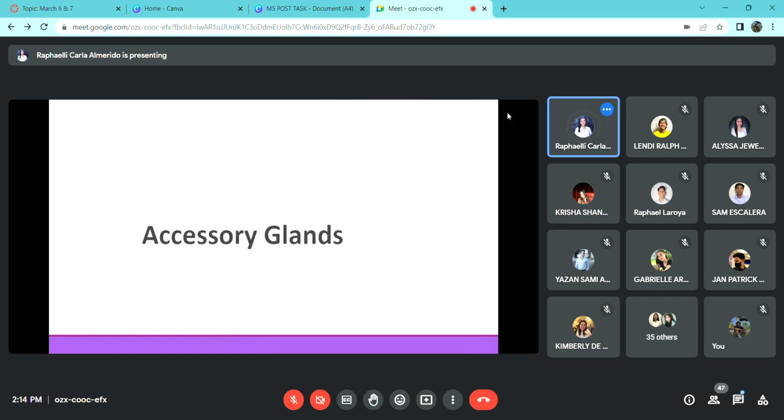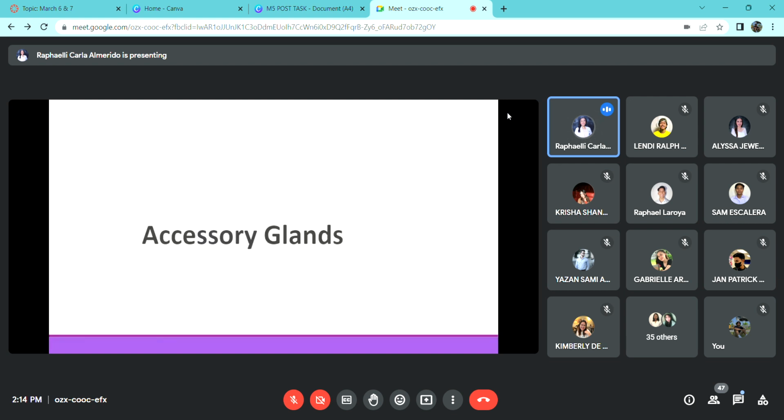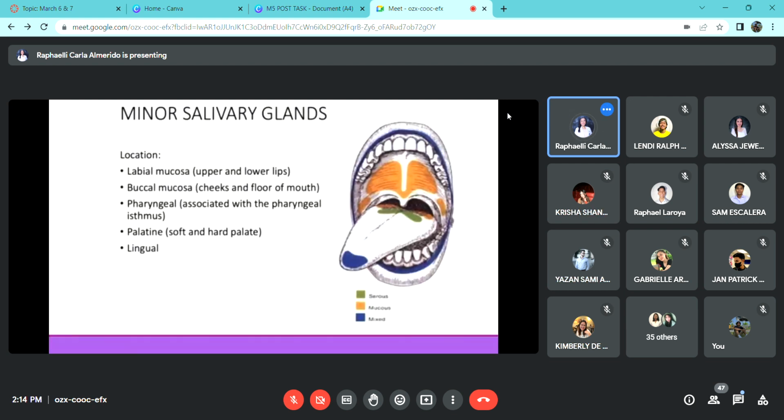Aside from the major salivary glands, we have the accessory glands. These are your minor salivary glands, and they are scattered within the oral cavity. Some are in the labial area, some on the buccal mucosa.